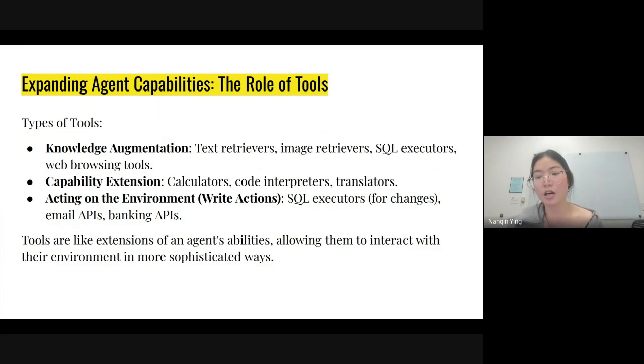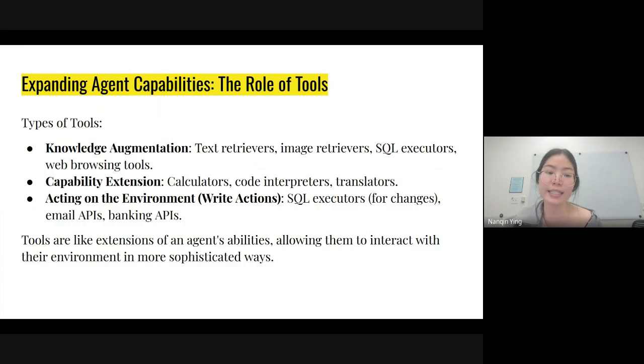For the knowledge augmentation tools, they help the agent get information, like RAG, text retrievers, and SQL executors, and also broader capabilities like web browsers to access up-to-date information.